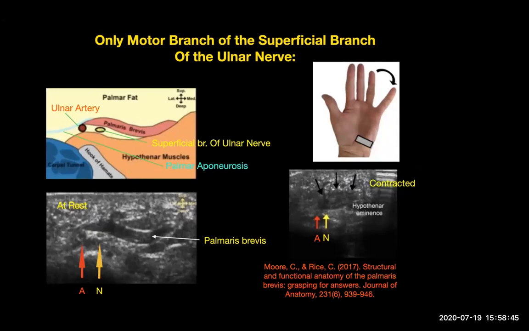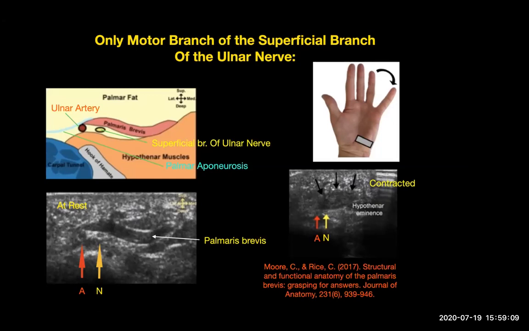So here, this is another representation of how to look at it. As I mentioned earlier, the deep branch is motor, but the one above it is the superficial branch. That is also very interesting because this superficial branch is supposed to just be a sensory branch.